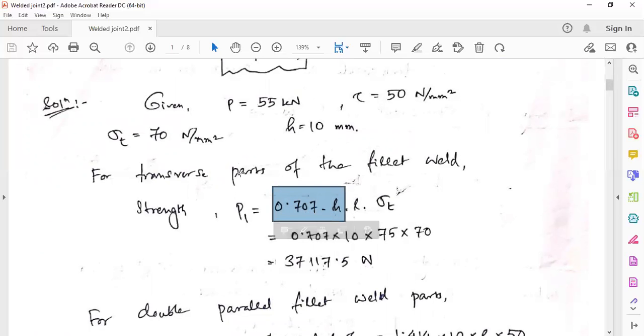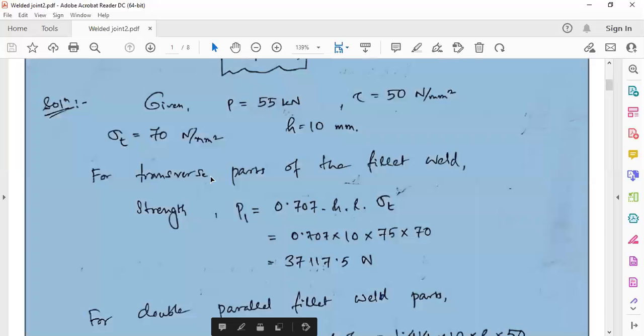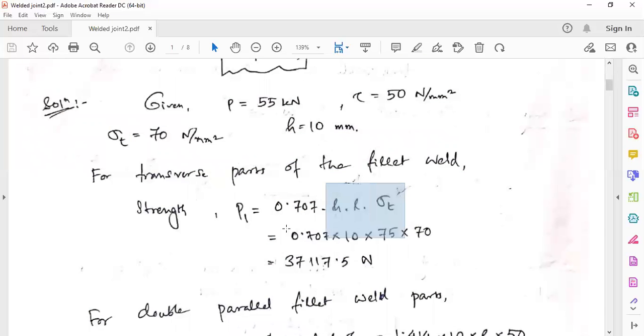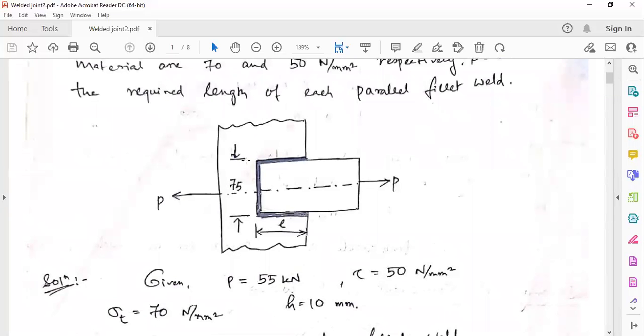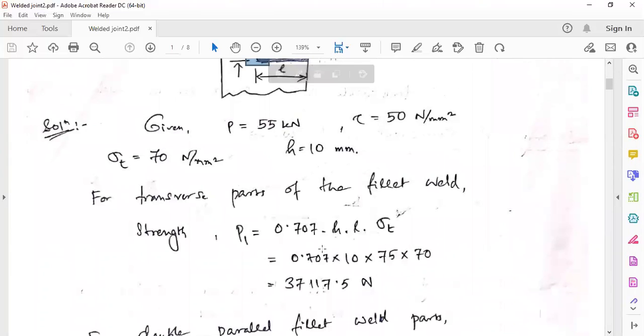So here you know this formula. For transverse fillet weld, the strength equation is P1 equal to 0.707 h L sigma t. We have seen this formula. Since we have only one transverse fillet weld, we will use this and put down all the values. So h is given as 10.